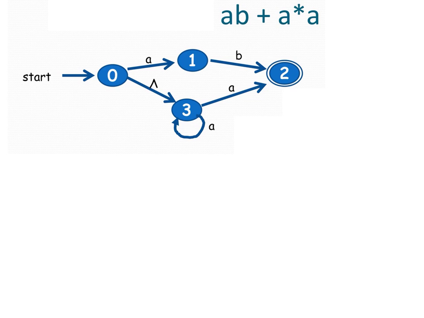So we could write this out as the set containing AB unioned with the set containing A, AA, AAA, dot, dot, dot. Right? Okay. So I want to take one of the strings in this set.